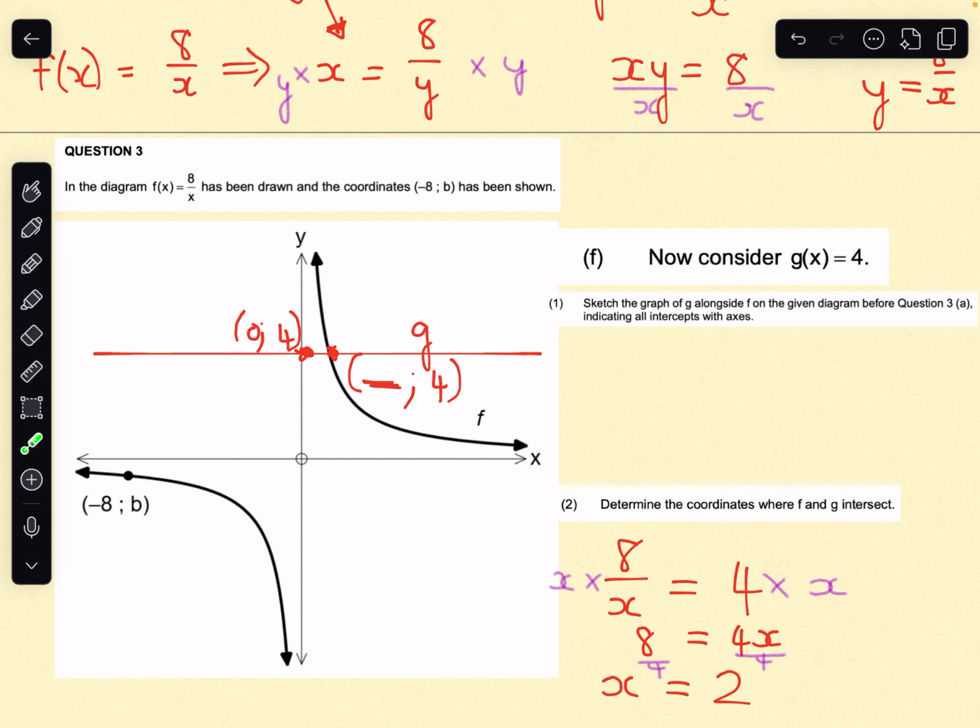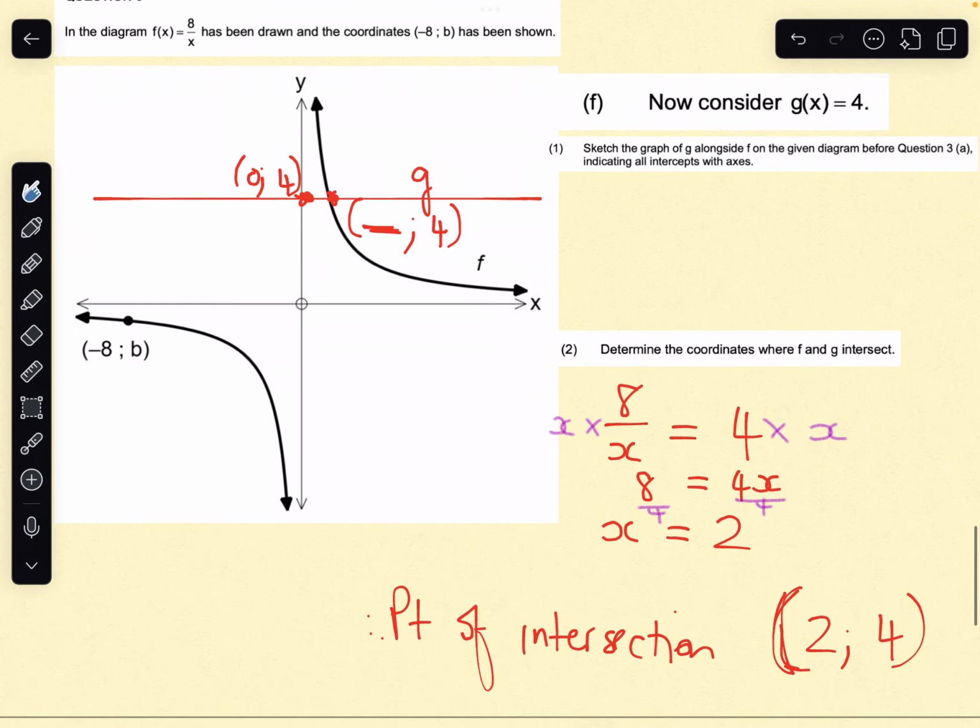And then, I don't know how many marks it was in total. Then, to find the point of intersection, you make the two functions equal to each other, 8 over x equal to 4. And then all in all, your answer comes to 2 and 4.